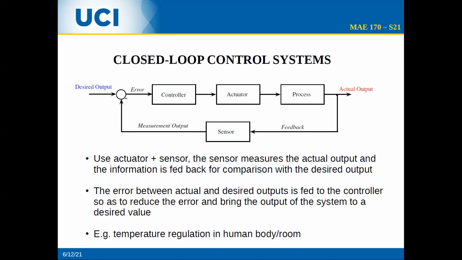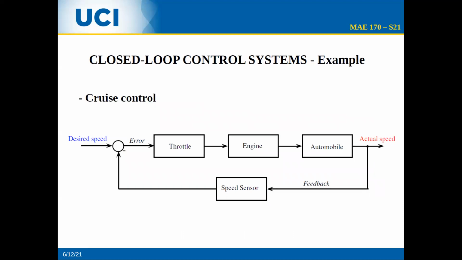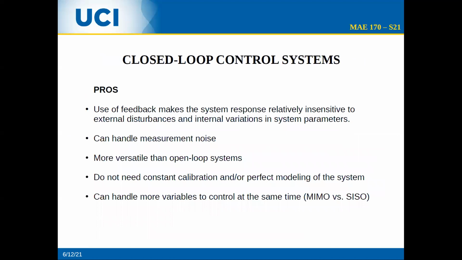So it's another example of a feedback control system. And here are another couple of examples: steering of a car, which we already saw, or the cruise control. I'll leave it to you to analyze, but I think you've gotten the gist by now.